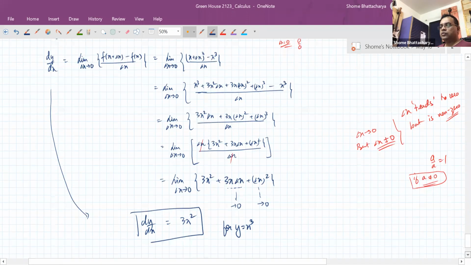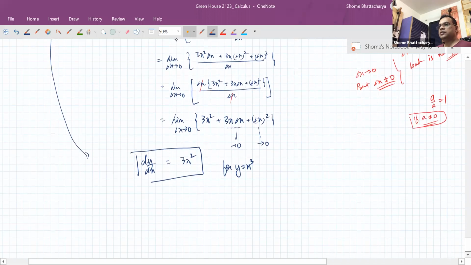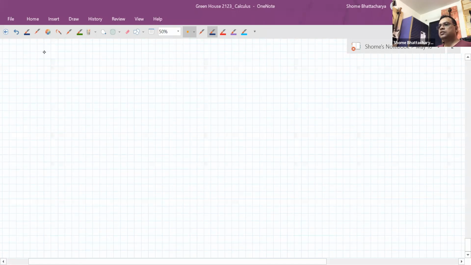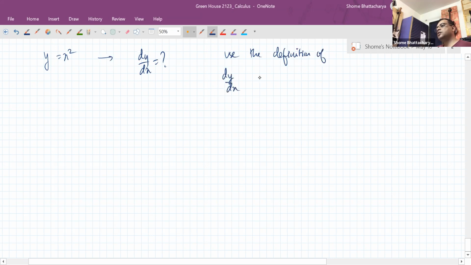Okay, so now let's understand another example of the same thing. If I had y is equal to x square, can you calculate dy by dx by using the same method? Use the definition of dy by dx for this function.